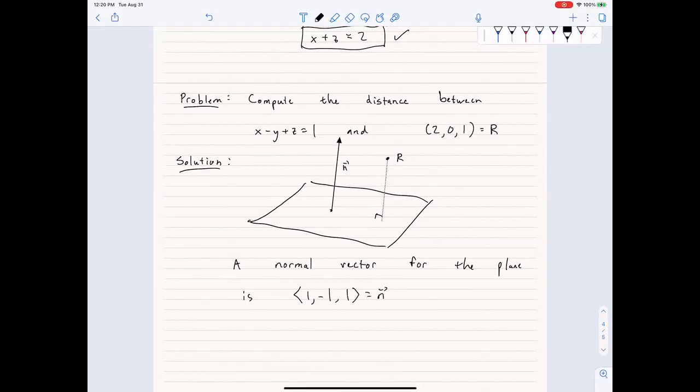And then if you want to find this distance, the length of this dotted line, well, if you have a point on your plane, again, you can find this vector from that point to the point R, say PR, and then project PR onto N and take that vector's norm, right?